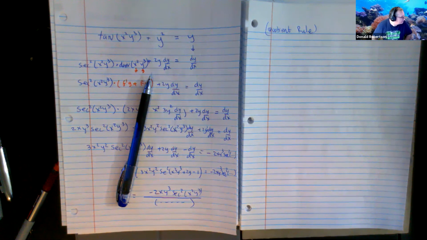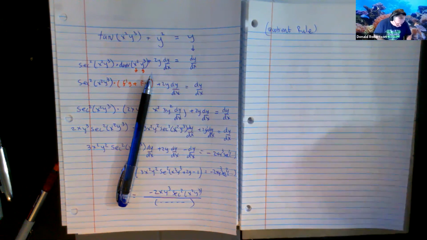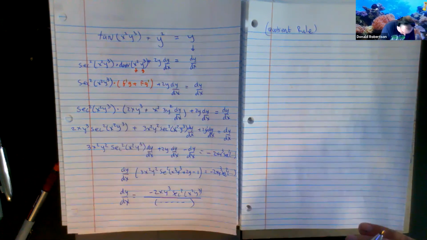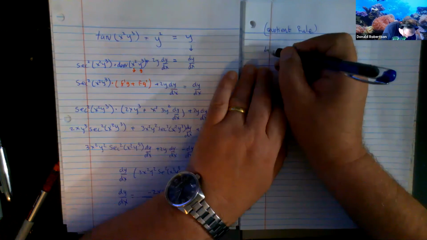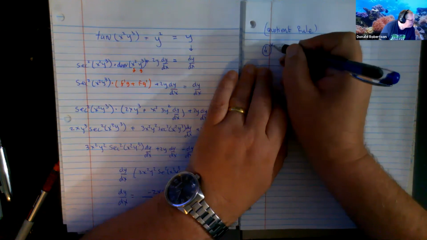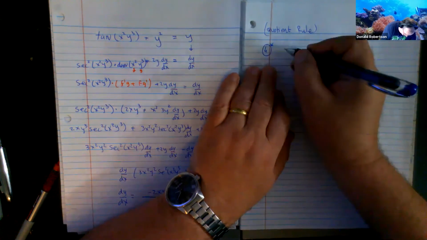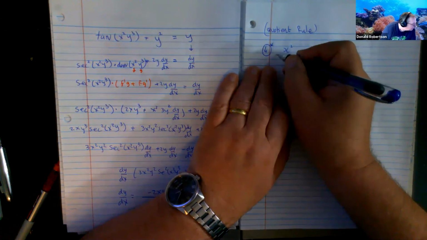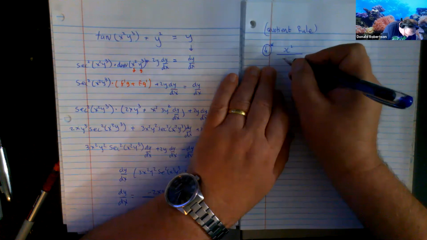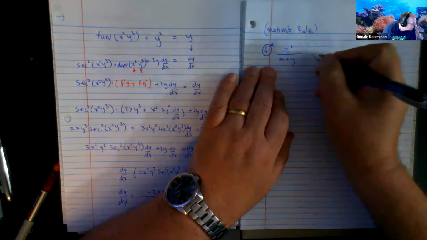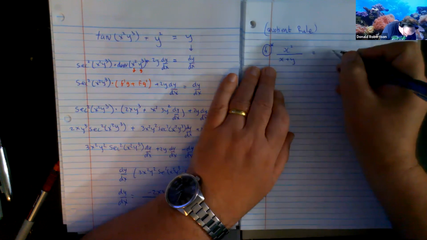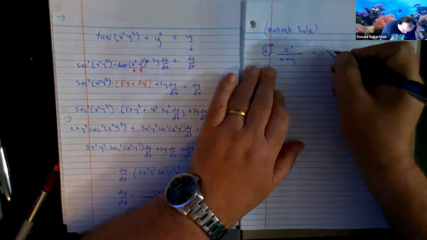So if I do this one, where is it hiding? Here it is, it's question 4. So we have x squared over x plus y equals y squared plus 7.